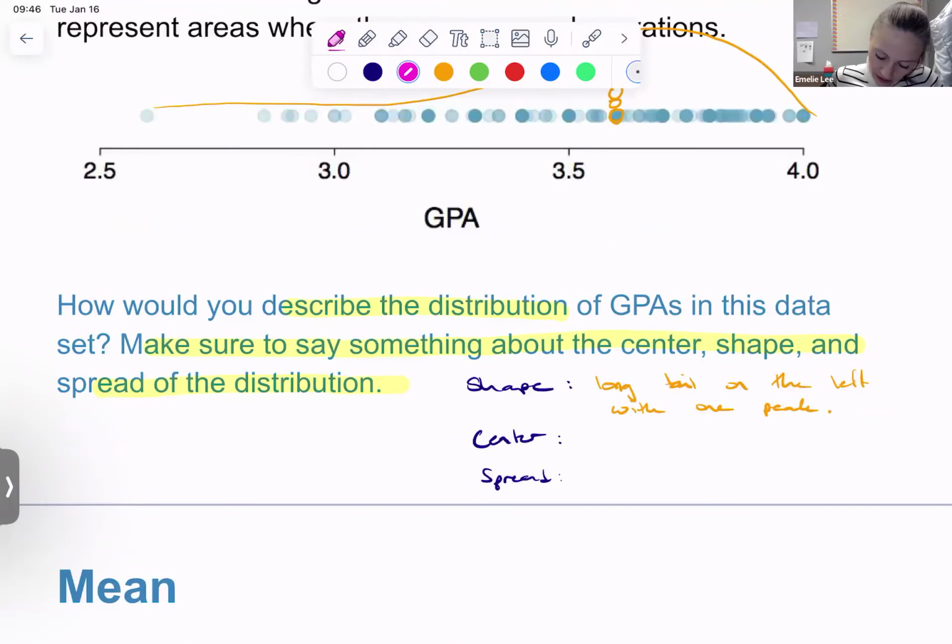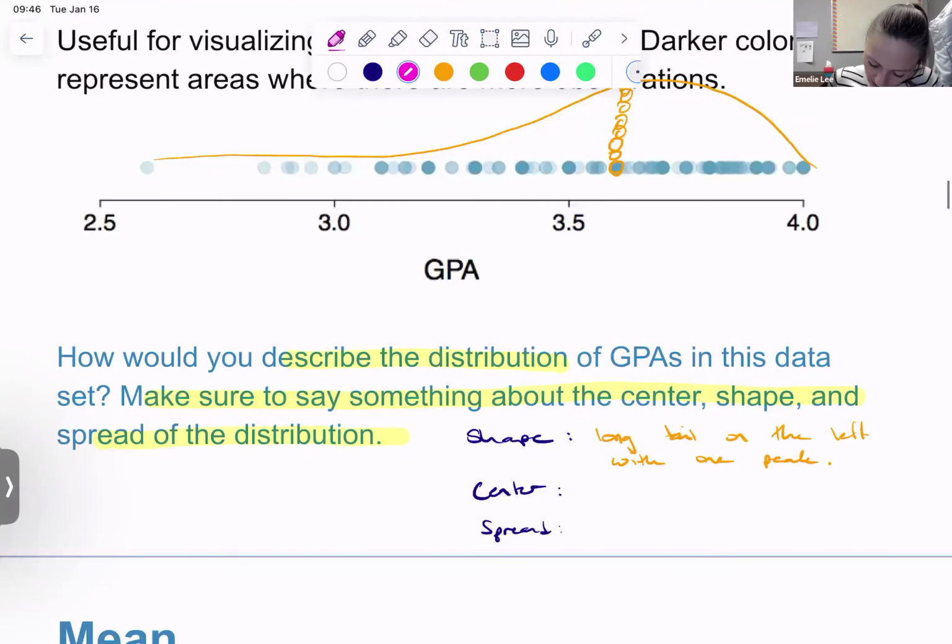For the center, it looks like the center might be somewhere in this region. I've got this long tail, and so very few points, and then it kind of builds up to the center. So I'm going to say roughly 3.5, right?